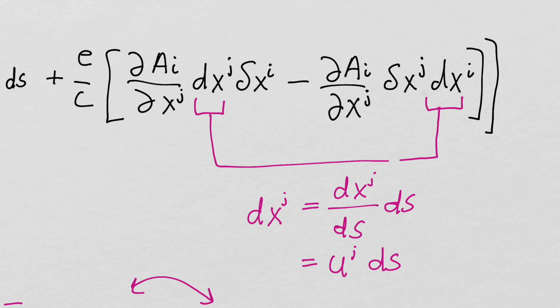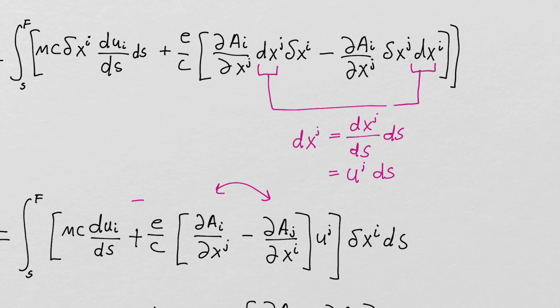So with the Einstein summation in effect, I can swap these dummy indices as much as I want. So I can change the j to i and the i to j, is the point. So this dx^i actually becomes dx^j, and then it becomes u^j ds, just like this term.